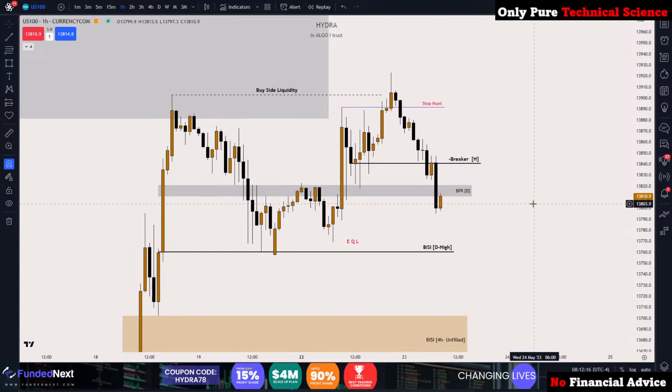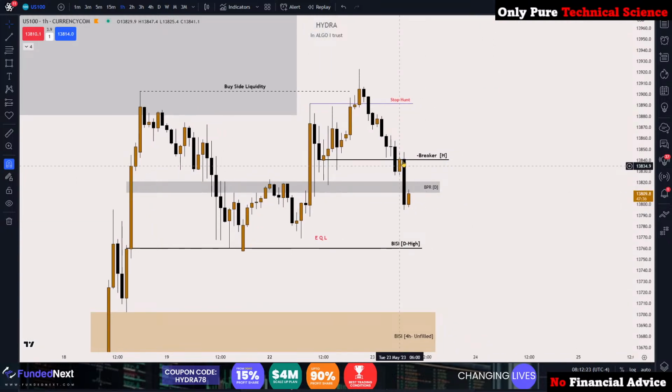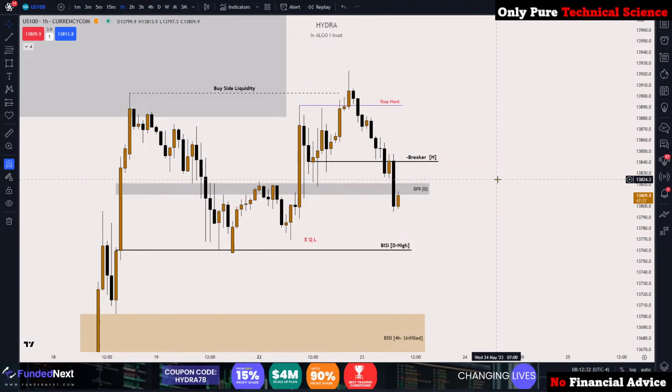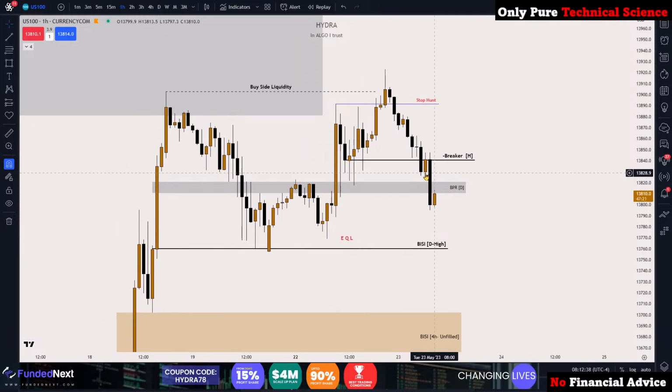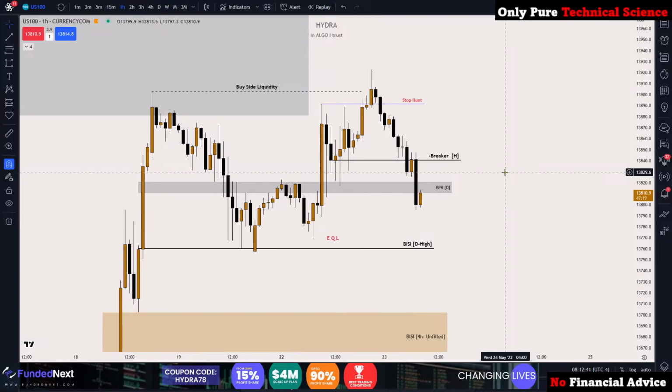If I see a breaker block setup on a higher time frame, like 4 hour or 1 hour, and price closes the candle's body below the higher time frame breaker block, I'll drop down to the 3 minute and then 1 minute chart, and there I will execute. There I will only target 2 hours, which is very low. So it's for those who hold their trades for the long term, the swing traders. You can also execute by using higher time frame breaker blocks.